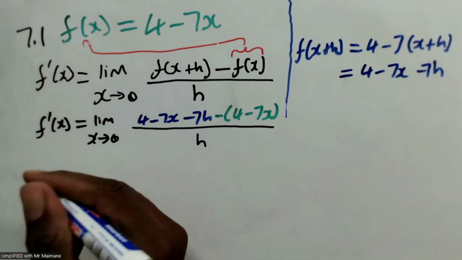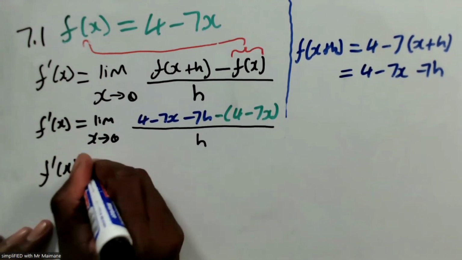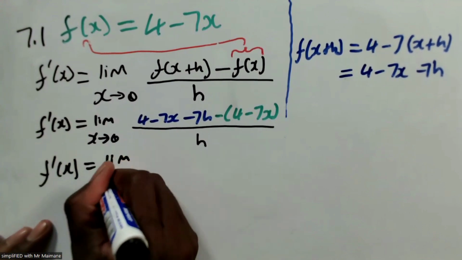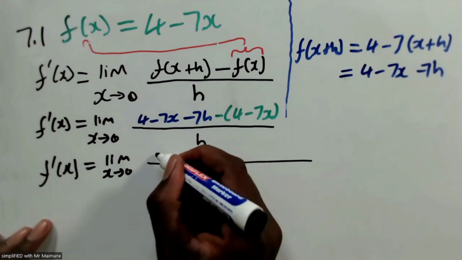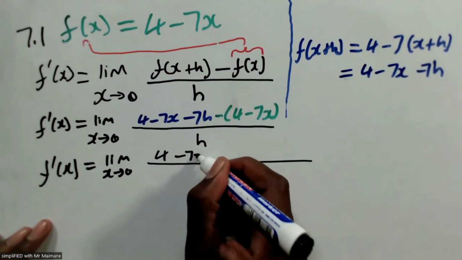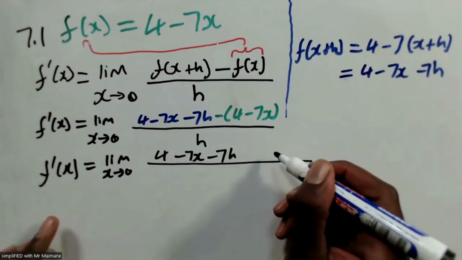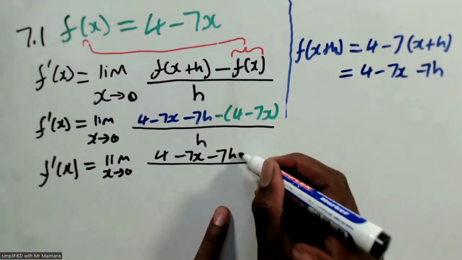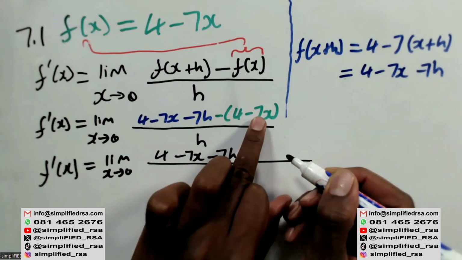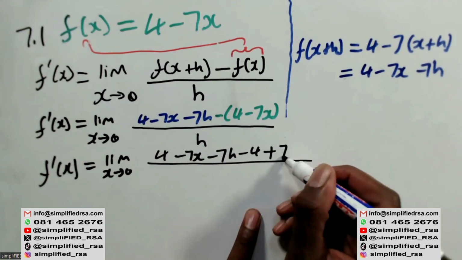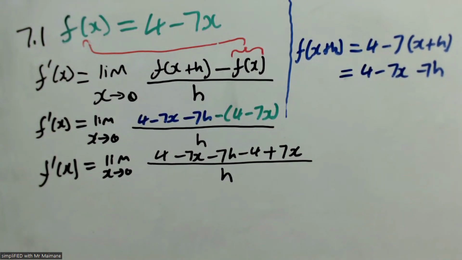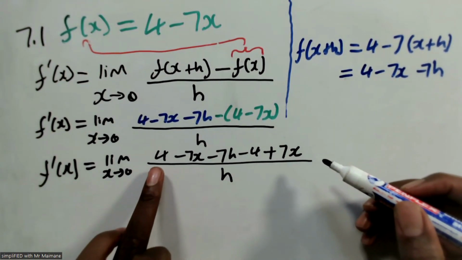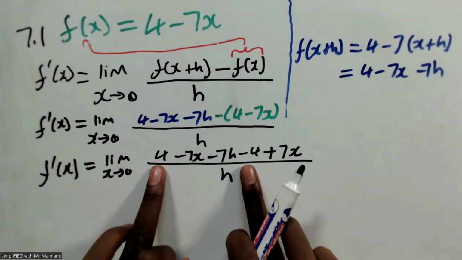So now let's simplify this further. Then we'll have 4 minus 7x minus 7h, minus 4 times that is going to be minus 4, and minus times minus 7x is going to be plus 7x, all of this over h. Now, if you see here, 4 minus 4, I'm grouping the like terms with the like terms.